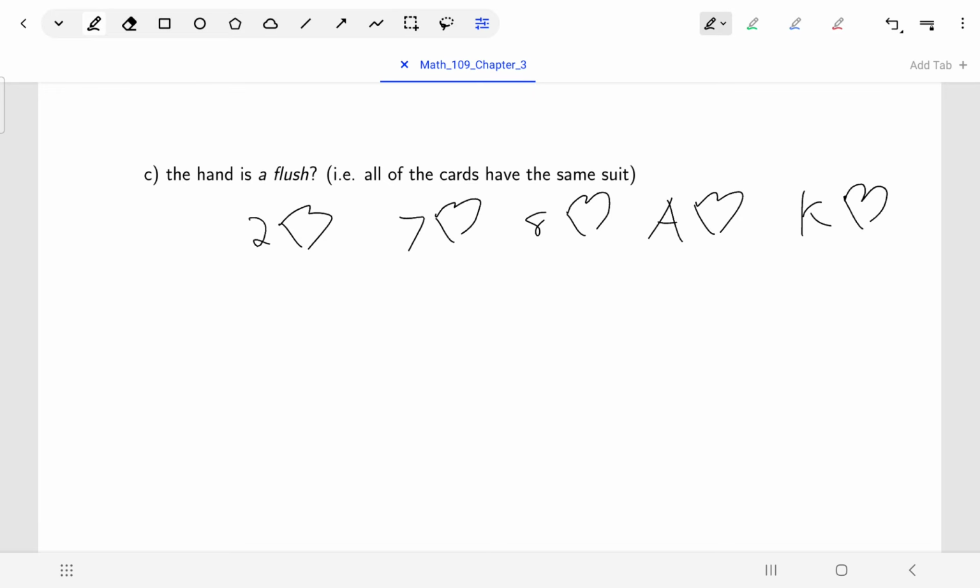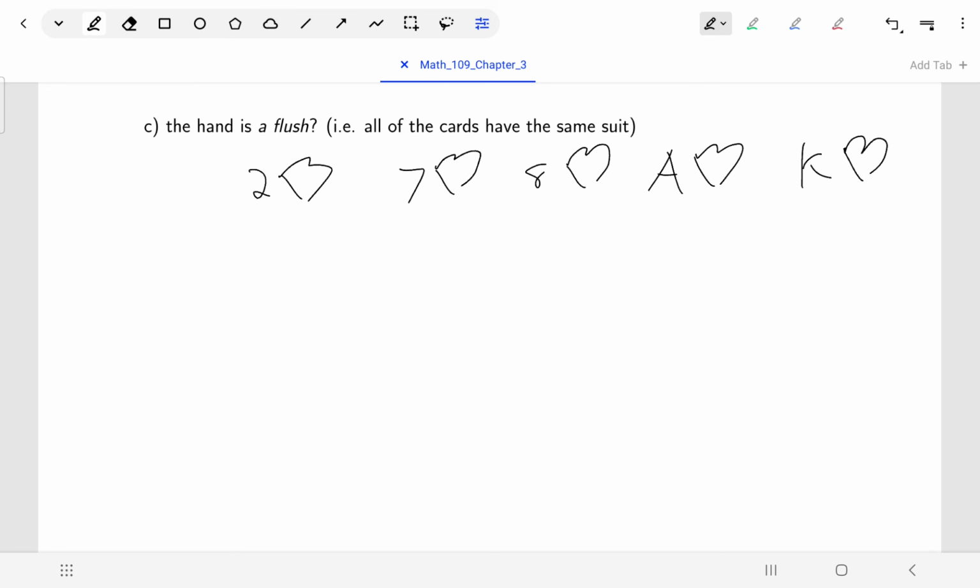That's it. So that means I'm going to have 5 separate ranks that I'm going to need. So I guess that's my first question is, which are my 5 ranks? Because a flush has to have 5 separate ranks in it. And again, since it's 5 individual cards, I'm not going to choose a first one, then a second, then a third, then a fourth, then a fifth, because I'm not putting these cards in an order.